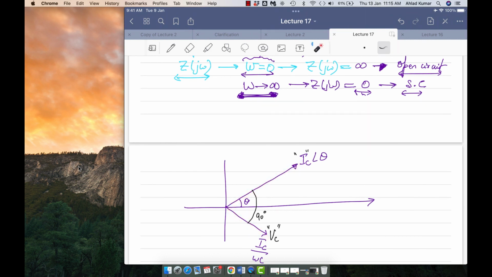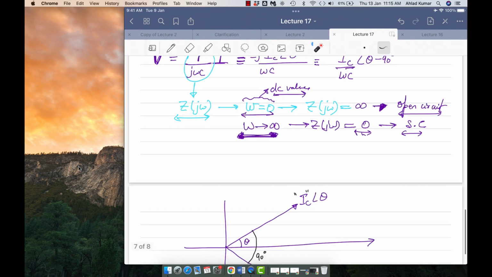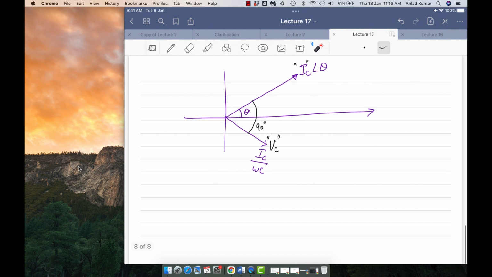This I think you must be knowing, but I don't know whether you followed this procedure for doing it or not. It's a universal fact which most of you must know from school. Here the voltage vector is 90 degrees lagging the I_C vector, because we normally rotate the vectors anti-clockwise.